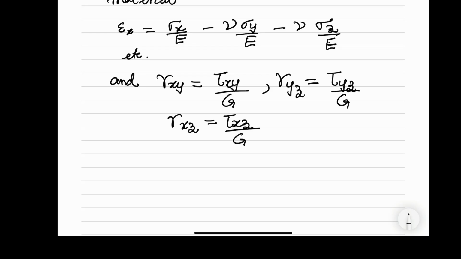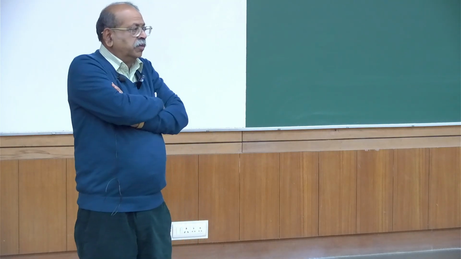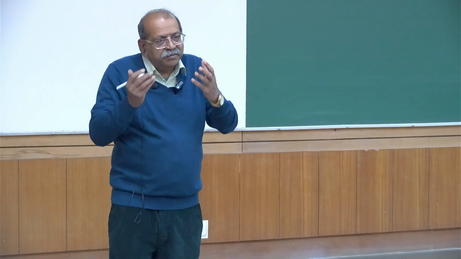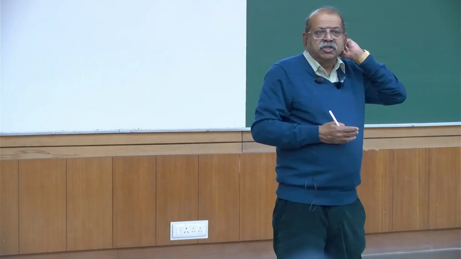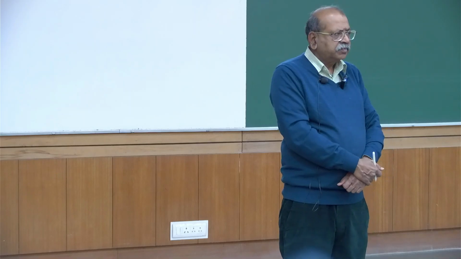So now, how many material constants have we got when we talk of Hooke's law? For a given material, if we have to define the relation between stress and strain, how many constants do we need? 3. Which are the 3?